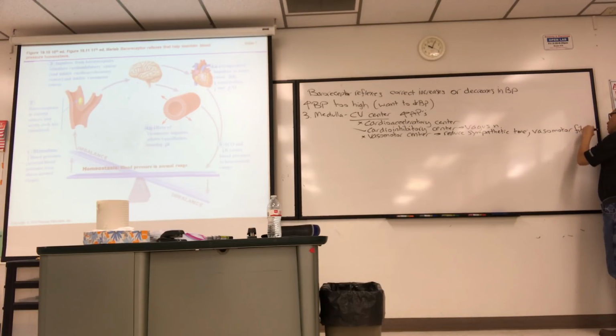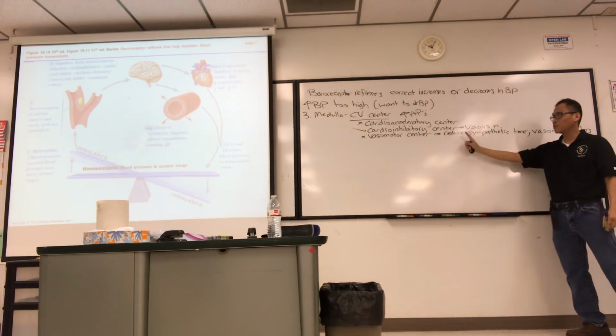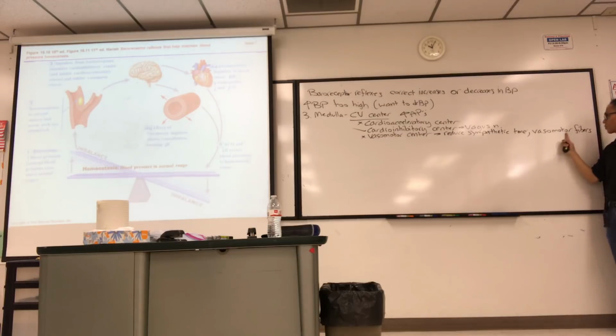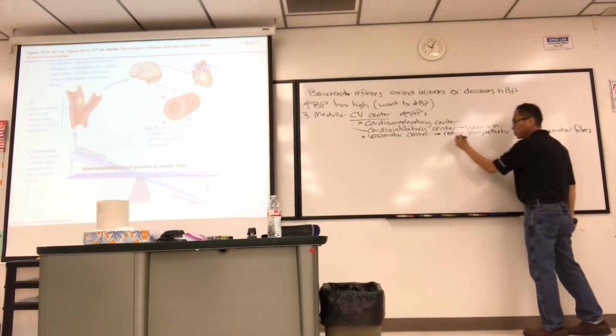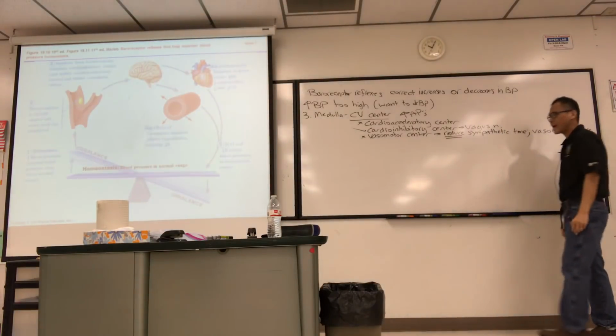So it's easy. The nerves have the same name as the center. The fibers come from the vasomotor center. You're reducing them. So it's like you're turning down the signal in these vasomotor fibers. Emphasize the word reduce. So that's kind of what's happening.